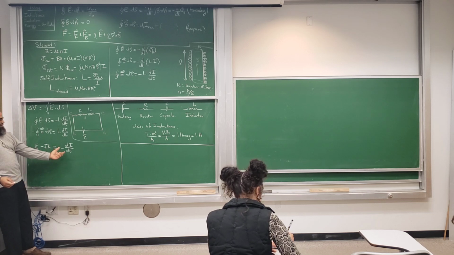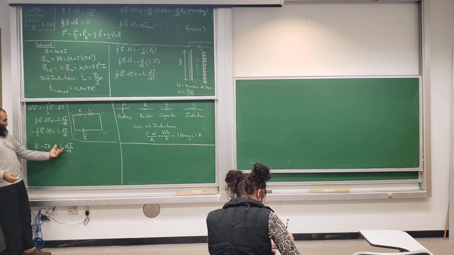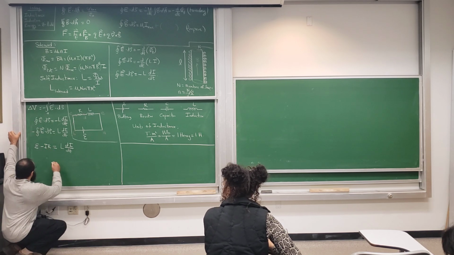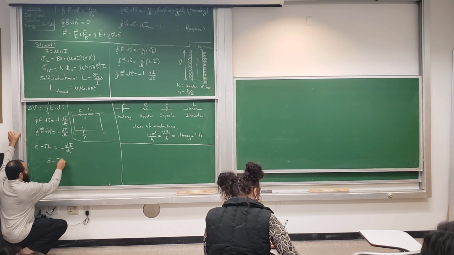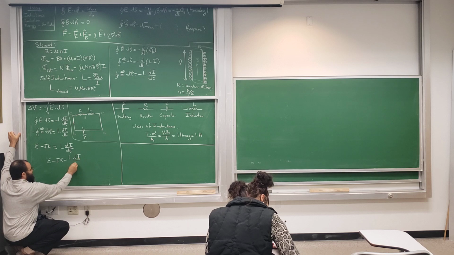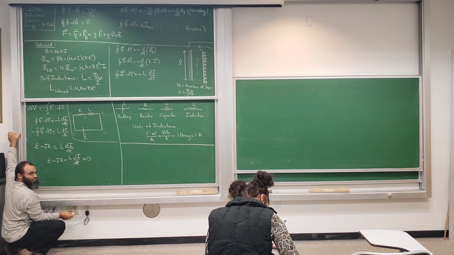Now, to get something similar to Kirchhoff's rule, we're going to move this to the left side and see what we get. So we get that E minus IR minus L dI dt is 0.